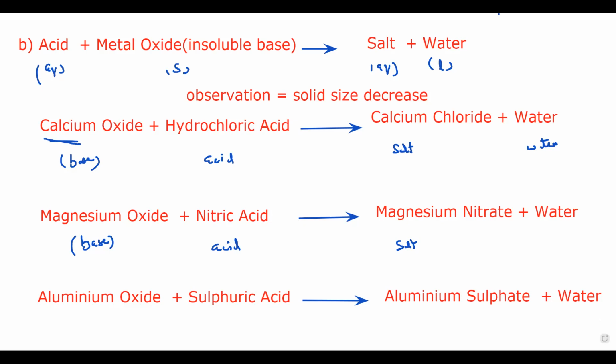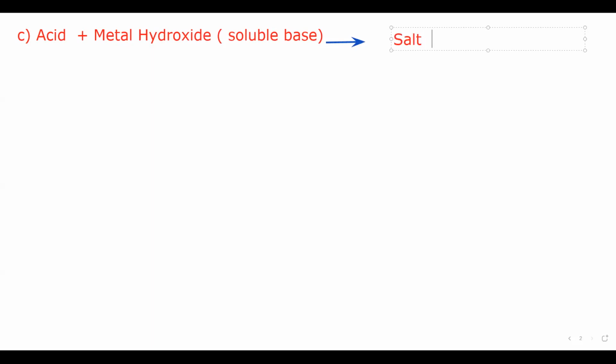The third type of reaction: when acid is mixed with metal hydroxide, which is also known as soluble base. So acid plus metal hydroxide will result in the formation of salt plus water.